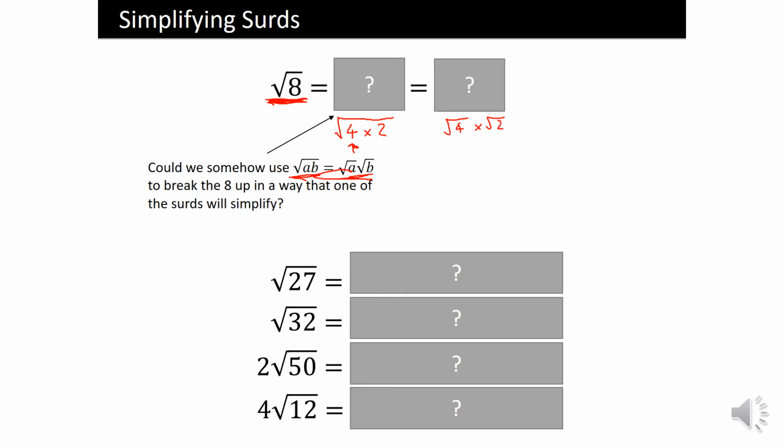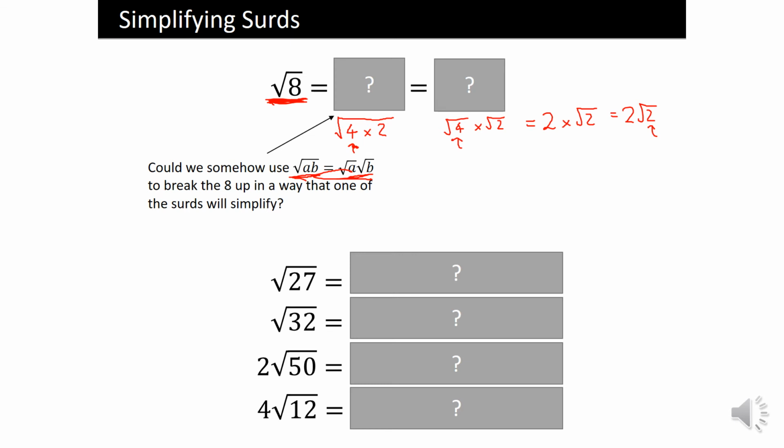So we're going to use the fact that 4 is a square number, because where we've got a square root of 4, we can just write 2. So we've got 2 times root 2, or 2 root 2. So we've simplified root 8, so now this number in the square root cannot be simplified anymore. That is a prime number now.